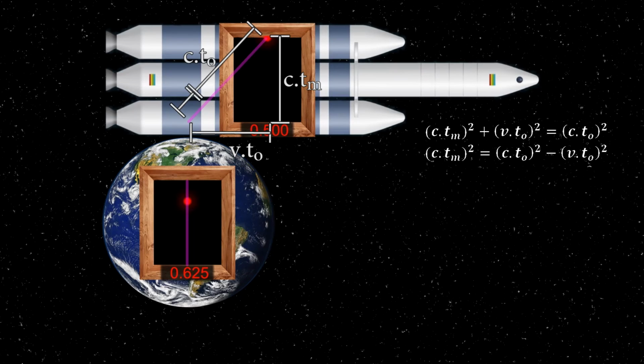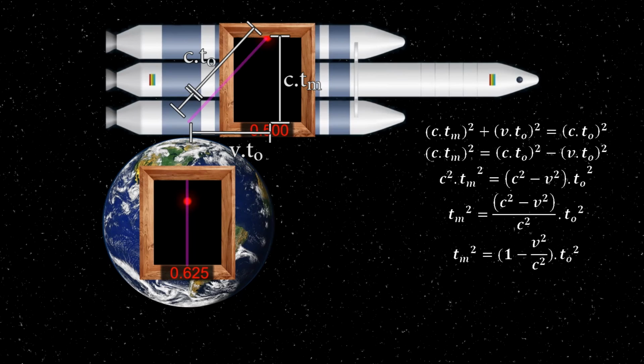Get rid of the brackets on the left side and factor out to squared on the right side. We'll get this. Divide by c squared on both sides. Work out the fraction on the right side to get 1 minus v squared over c squared. And at last, take the square root of both sides. And you can rewrite the bottom right equation to get the bottom left equation.